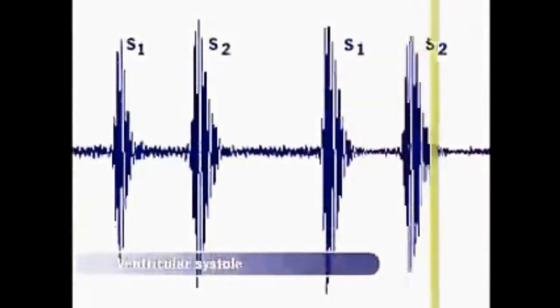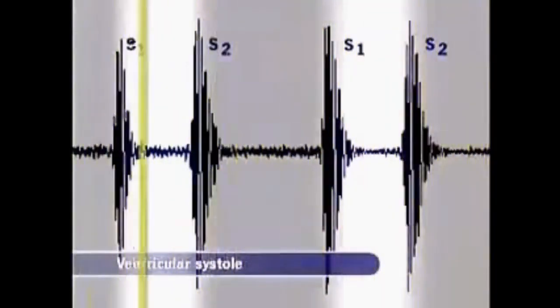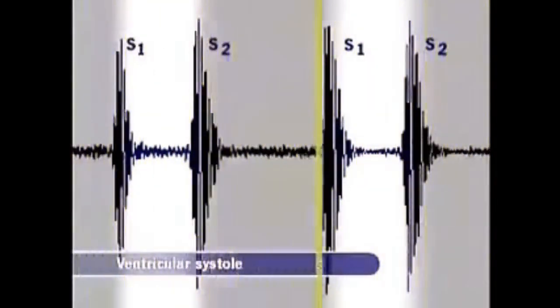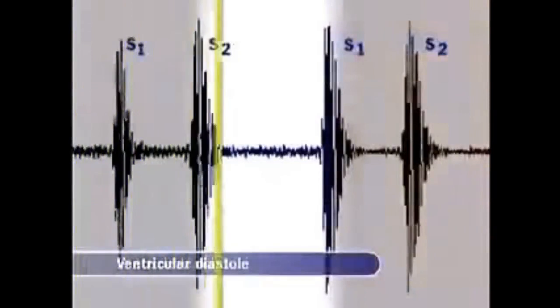Ventricular systole occurs between S1 and S2. Ventricular diastole occurs between S2 and the next S1.